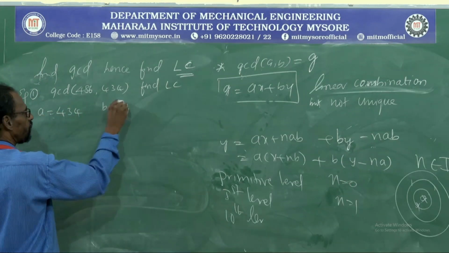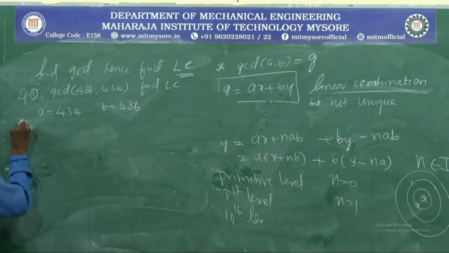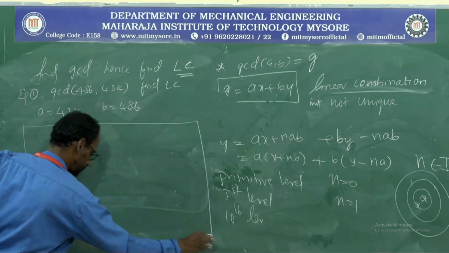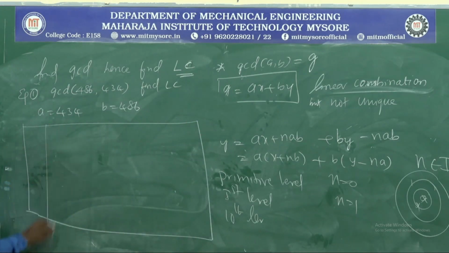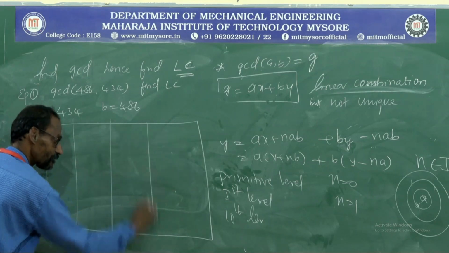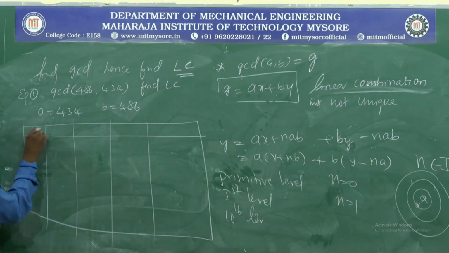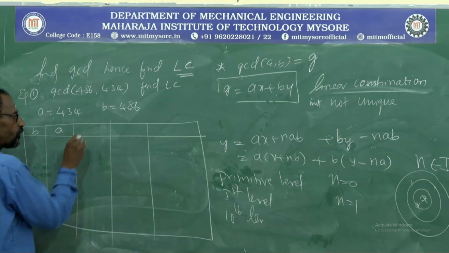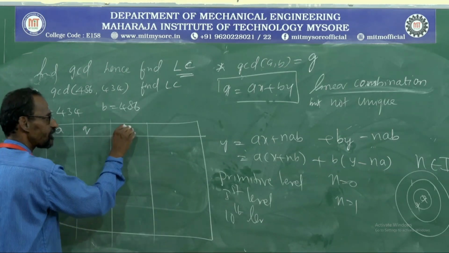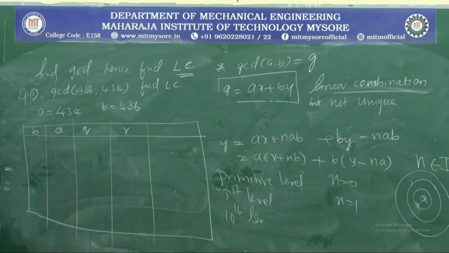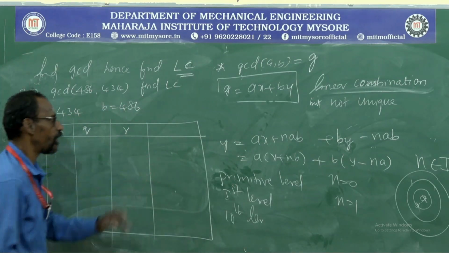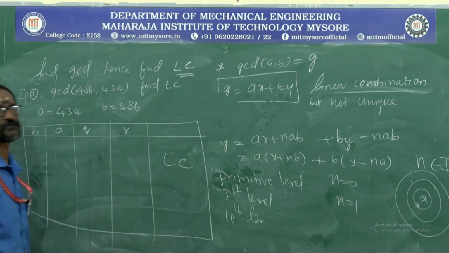You consider the bigger number B, that is 486. You know how to write this table. What is this component? The bigger value. What is this component? The smaller value. What is this? Quotient. What is this? Remainder. An extra column is there. This extra column is for linear combination.